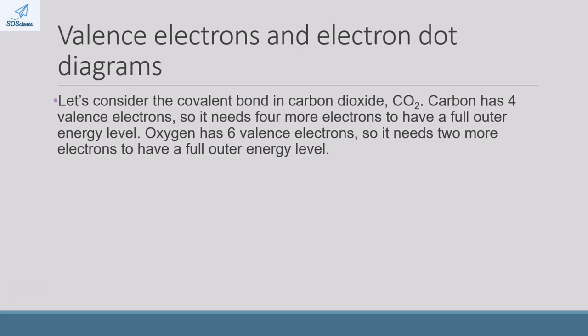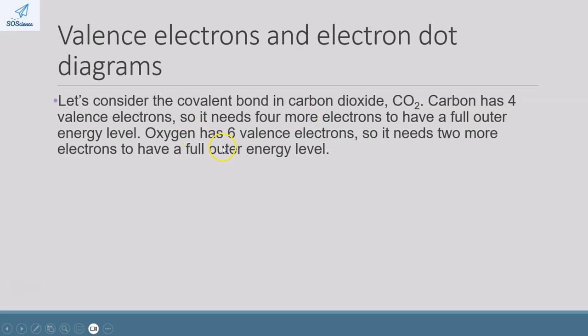Let's consider the covalent bond in CO2. Carbon has 4 valence electrons, so it needs 4 more electrons to have a full outer energy level, whereas oxygen has 6 valence electrons, so it needs 2 more electrons to have a full outer energy level.